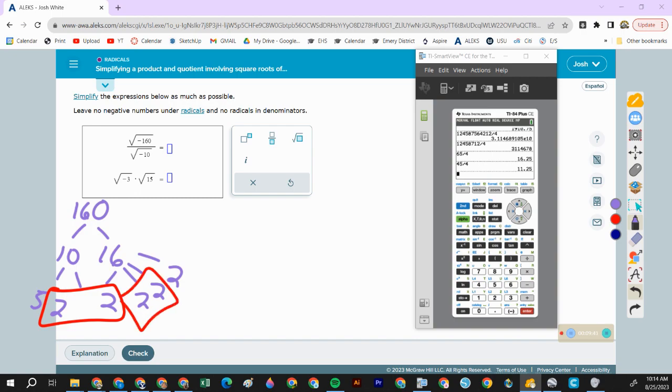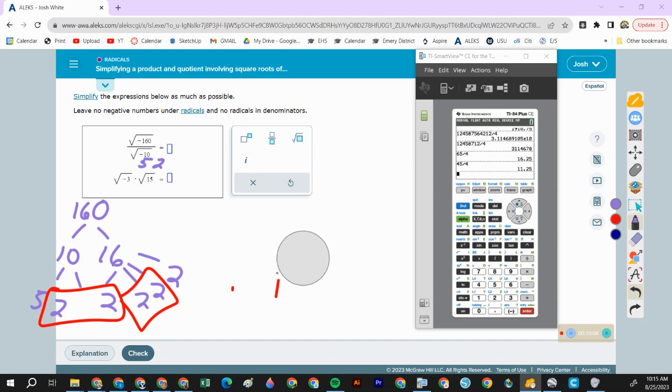So what goes on the outside? 4i. What stays on the inside? 10. And then this is just a 5 and a 2. So what do I bring out? Just the i. Root 10s cancel, and the i's cancel, and the answer is 4.